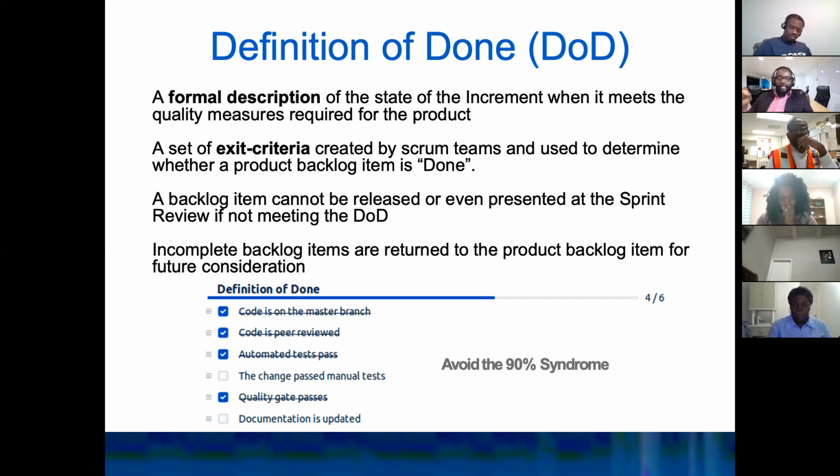All the automation tests are passed. And then the change passed the manual test as well. And then the quality gate passes, and then the documentation is updated. So you can have multiple criteria that you, as a Scrum team, decide to put in place in your definition of done.